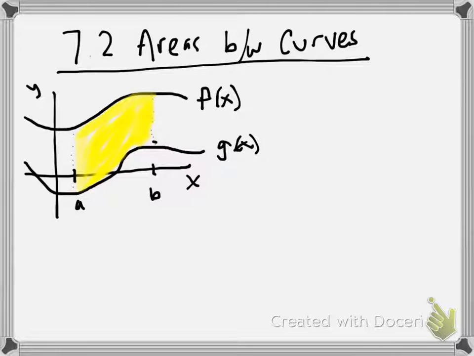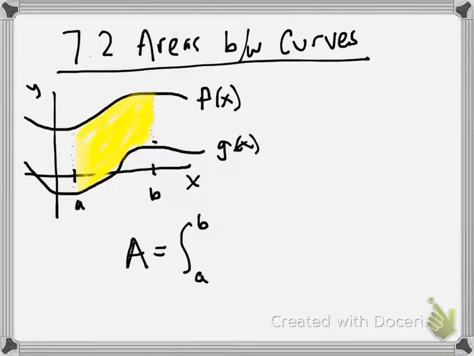A for the area will be equal to the integral from A to B, our leftmost boundary and our rightmost boundary.